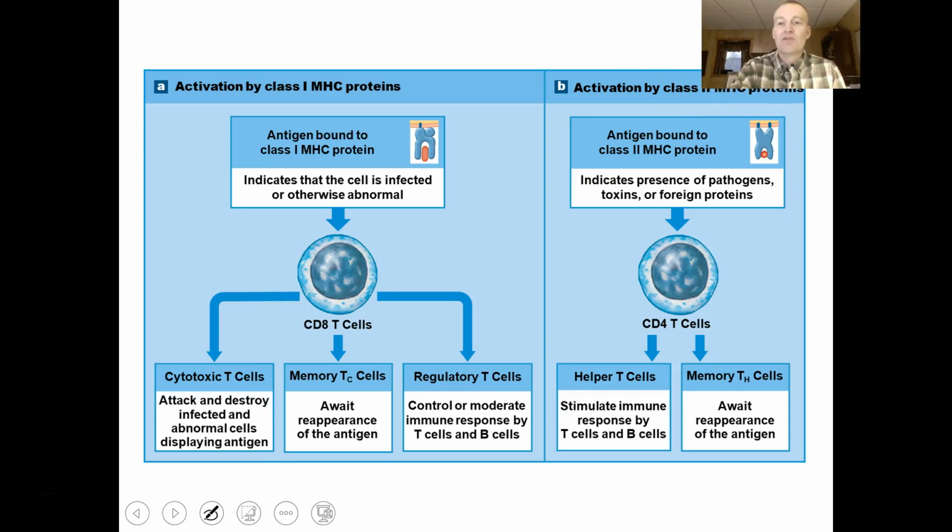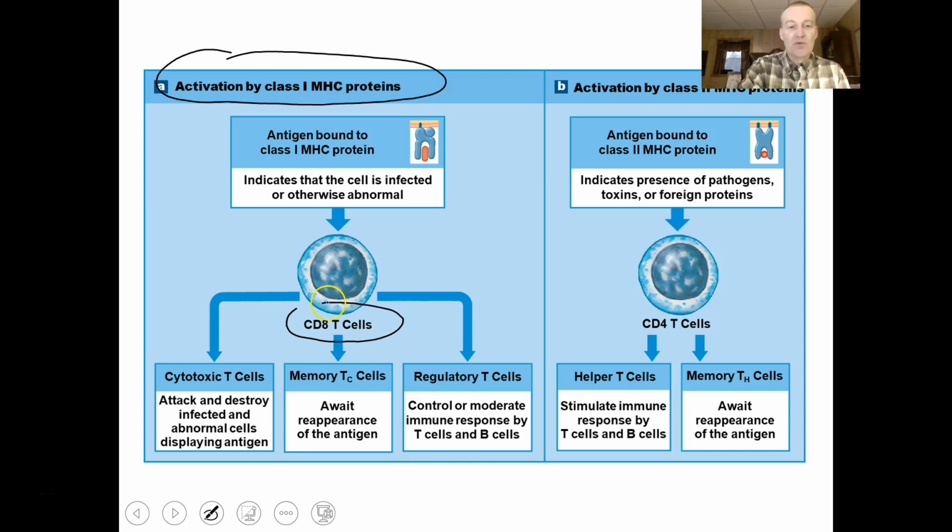Okay, so just to remind you of what we just talked about. If we use the class 1 MHC proteins, we are going to activate the cytotoxic T cells. This is a way that we can recognize virally infected cells, cells that are infected with bacteria, or cells that are tumors.